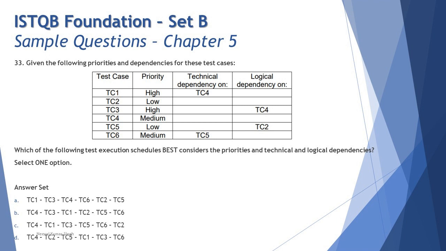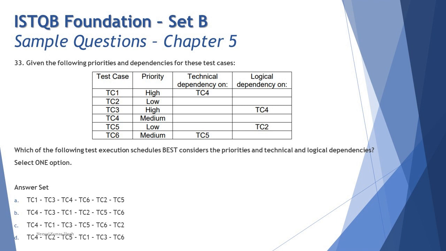So the very first thing you need to understand is that this particular table represents 6 test cases which are written in the order TC1, TC2, 3, 4, 5, 6. Test design is the phase where you write the test cases, and prioritization is done during test implementation, where you prioritize your test cases based on several factors.